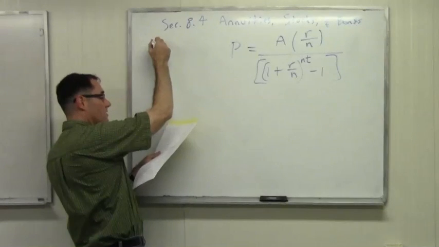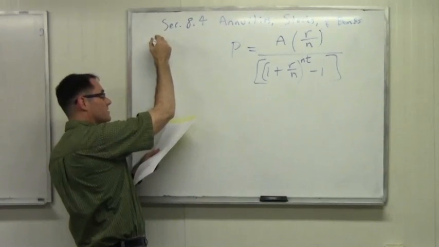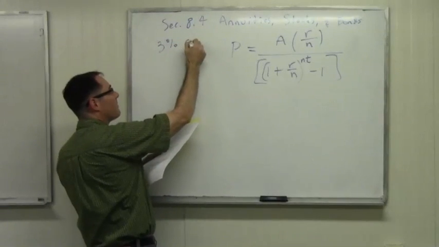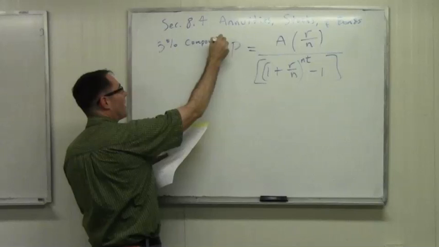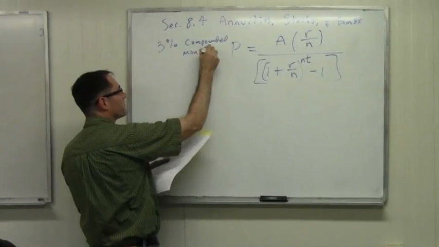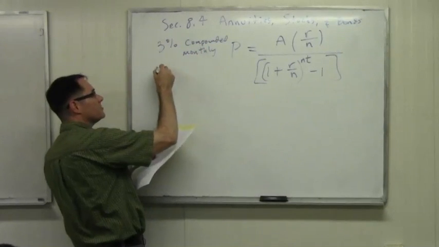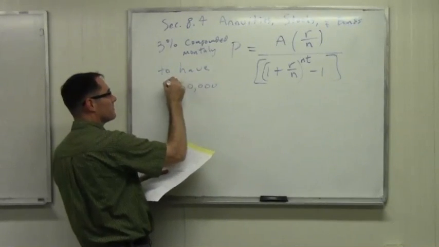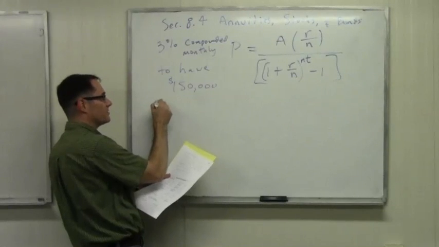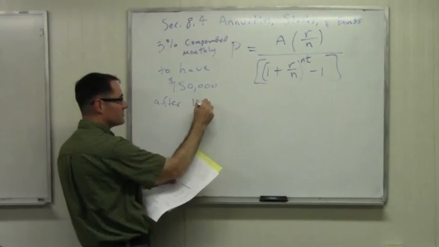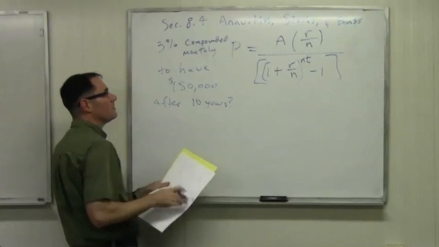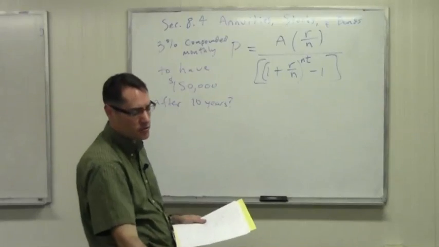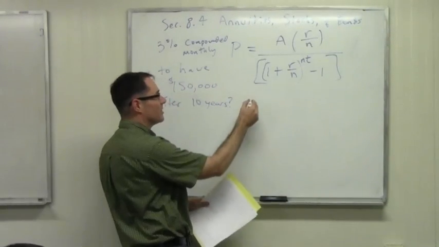You want to invest at 3% interest, compounded monthly, to have $150,000 after 10 years. OK? I think we have all the numbers here. Try plugging it into this new one here and then solving it.